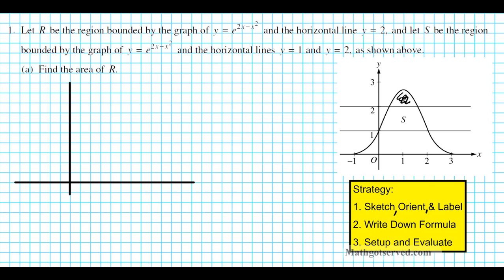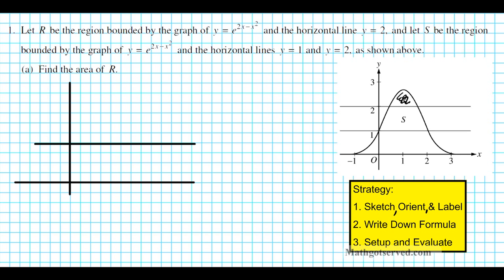So region R is bounded between y equals 2 and the graph e to the 2x minus x squared. So let's call that 1. So let's say this is 2 right here.